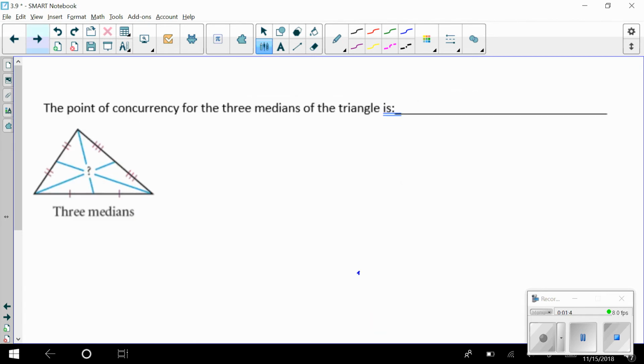Now today we're going to look at a new point of concurrency, and this is the point of concurrency for the three medians of our triangle.